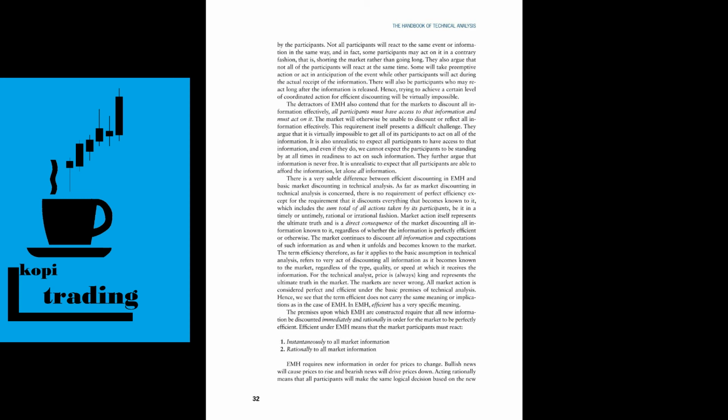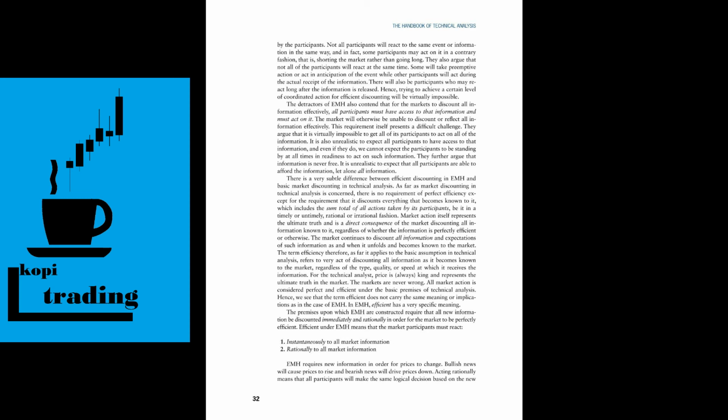The detractors of EMH also contend that for the markets to discount all information effectively, all participants must have access to that information and must act on it. The market will otherwise be unable to discount or reflect all information effectively. This requirement itself presents a difficult challenge. They argue that it is virtually impossible to get all of its participants to act on all of the information.